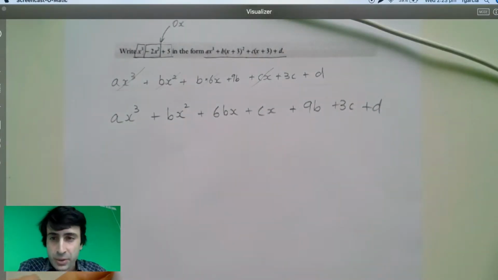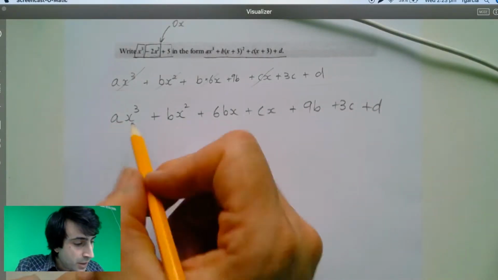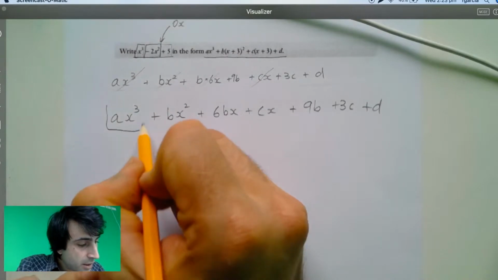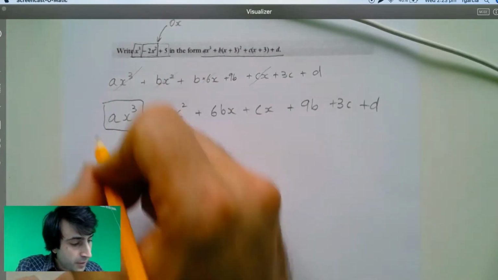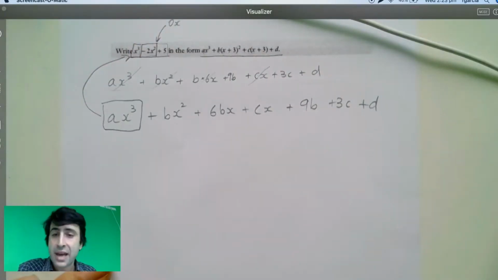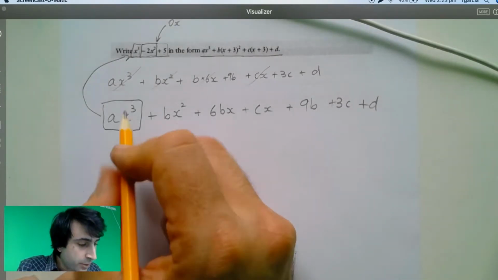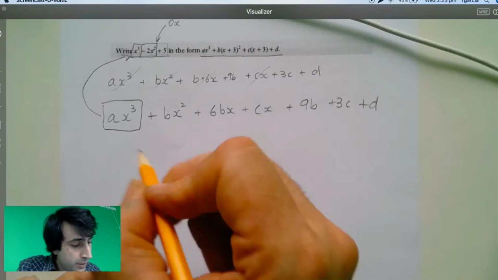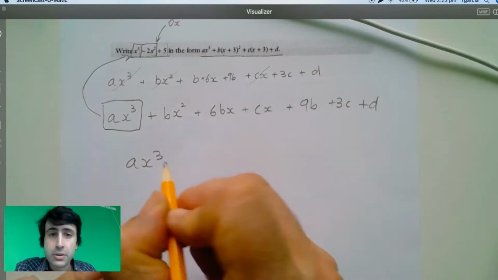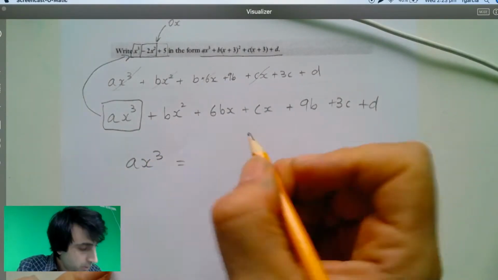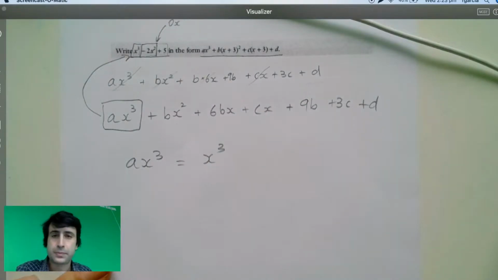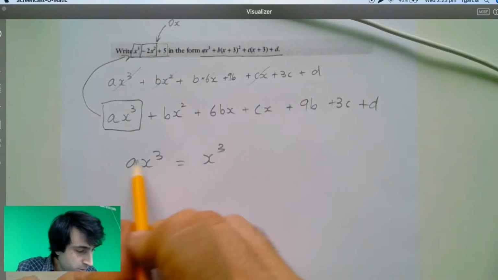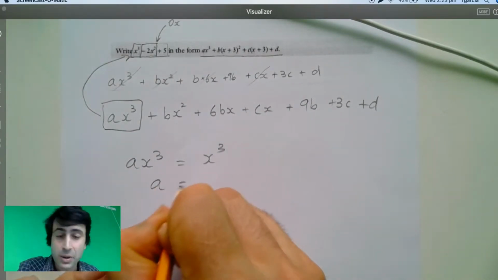Now the reason why I'm doing that is because I know that ax cubed is going to relate directly with that x cubed. In other words, because there's no other cubics of x here, I know that ax cubed equals x cubed. And if ax cubed equals x cubed, therefore a has to equal 1.